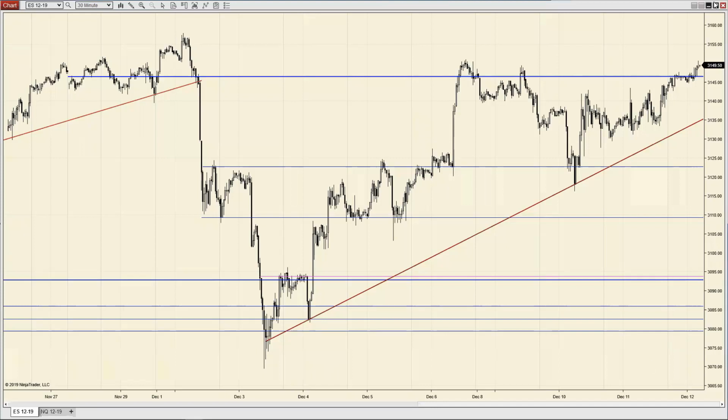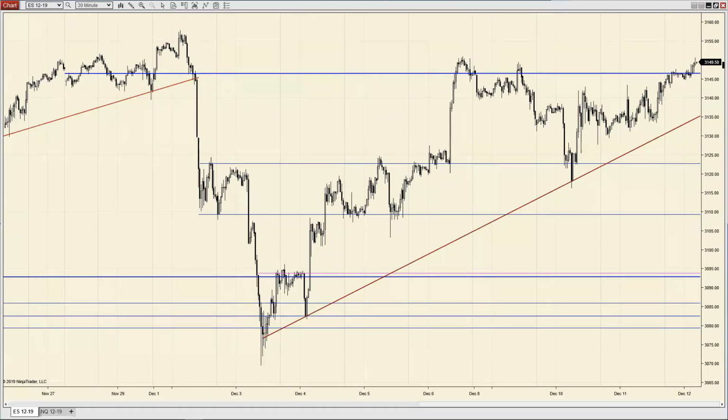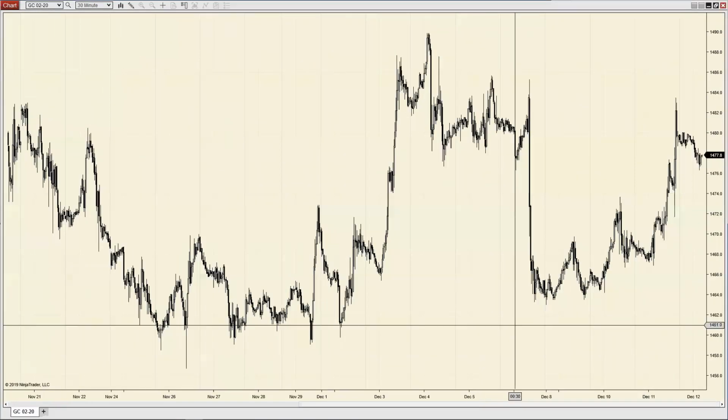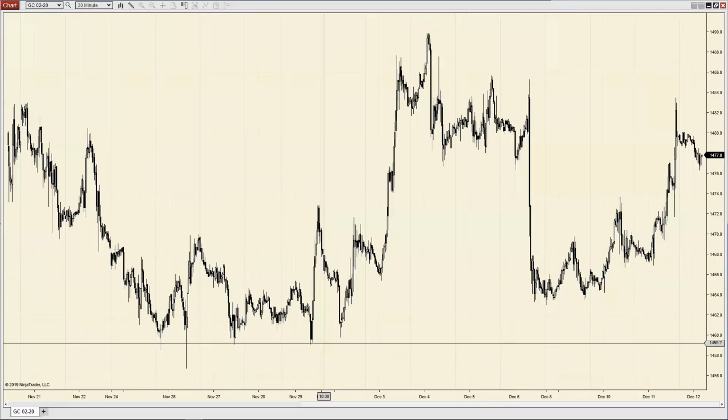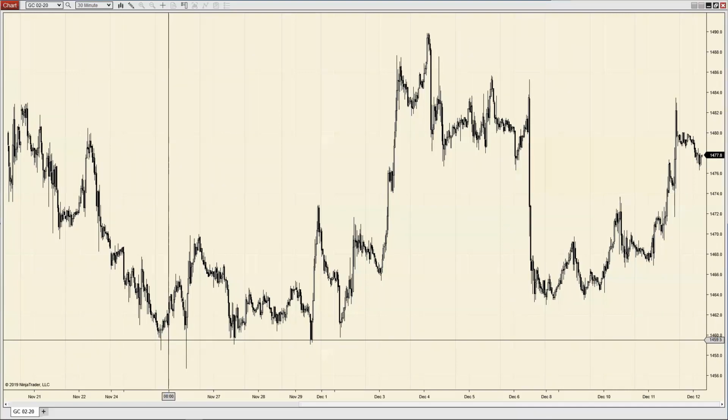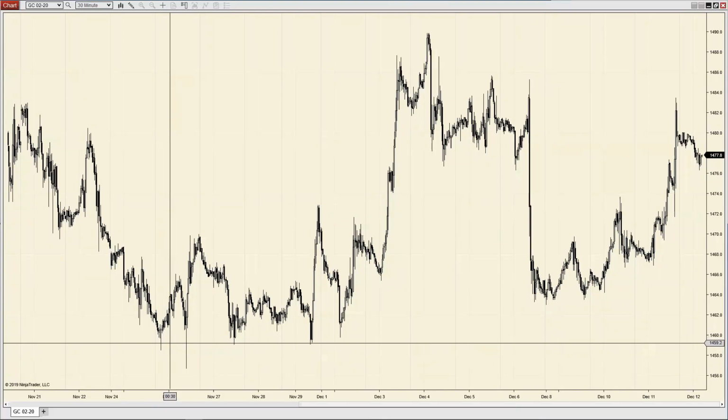Obviously, we saw gold turn around. We talked about that yesterday, about how gold's been holding pretty steady overall. We mentioned the 1458, which on the XAU, the cash was 1454, and it's actually 1459.20.